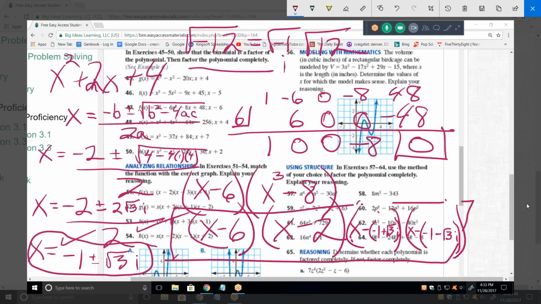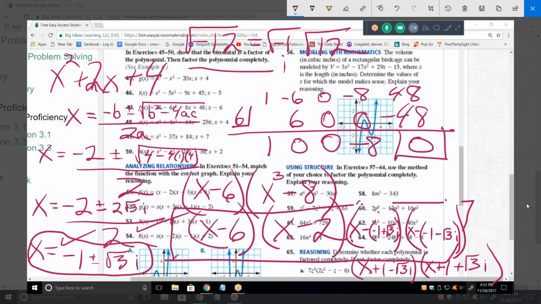So what I have in the rectangle is the full, complete answer. Now, these can be simplified a little bit. If I remove the inside parentheses, I've got x plus 1 minus root 3 i. And if I remove the parentheses on the inside here, I get x plus 1 plus root 3 i. So this is a better way to express it.